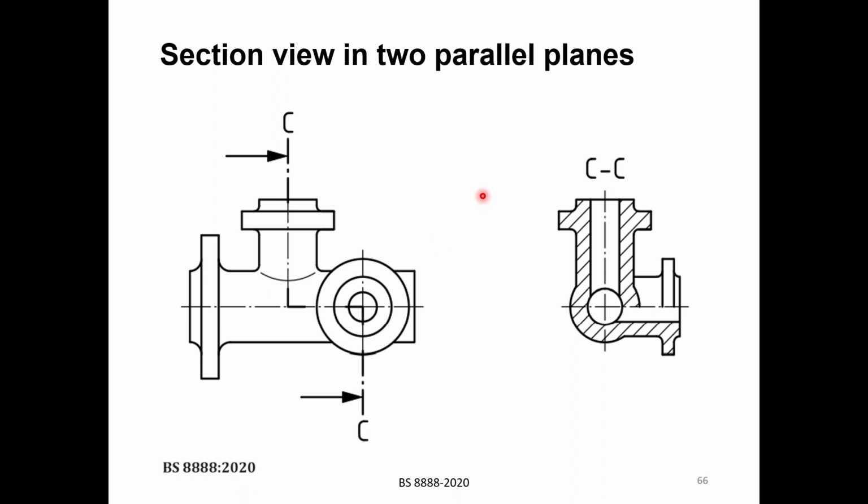Sometimes we use what's called two parallel planes, and they are shown as follows. Again, you have the same component in two different views: the front view and the right-hand side view. Then, just imagine that you are cutting across this plane first up until the center line, and then you are cutting across this plane here, from here, just across up until the center line of the component.